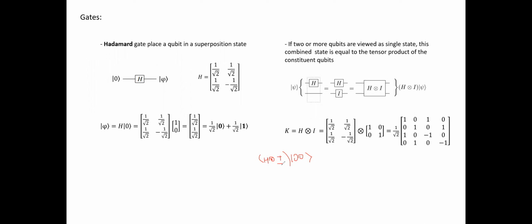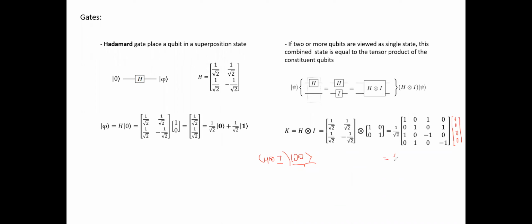If I want to compute the output of this operation, I just need to multiply this transformation matrix to the vector of this 0, 0 state. What is the vector of 0, 0 state? It is 1, 0, 0, 0.